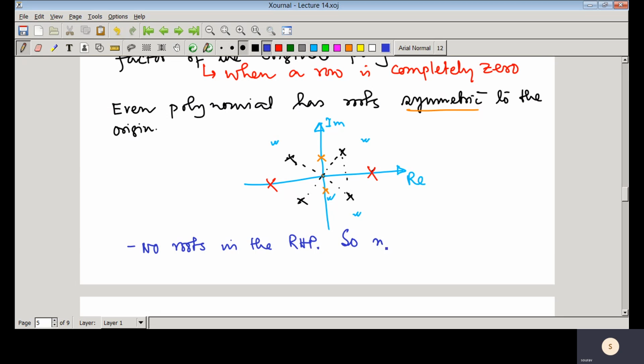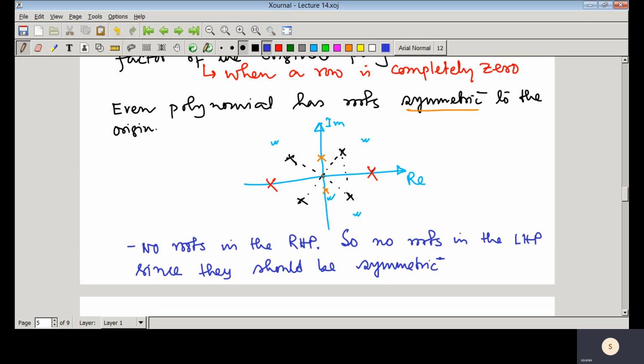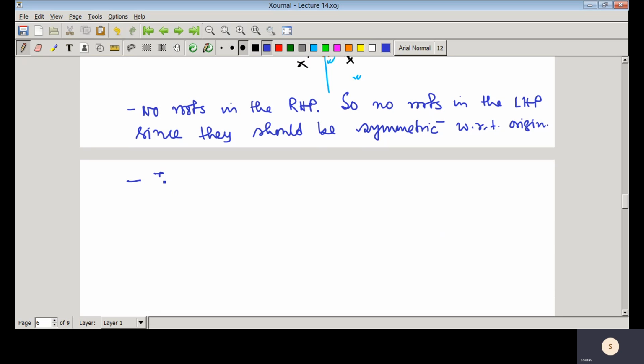So no roots in the left half of the plane, since they should be symmetric with respect to origin. So then what happens? We would have two roots on the imaginary axis.